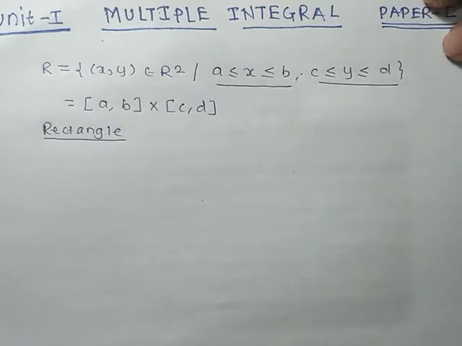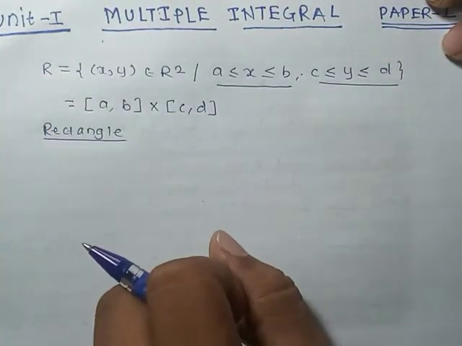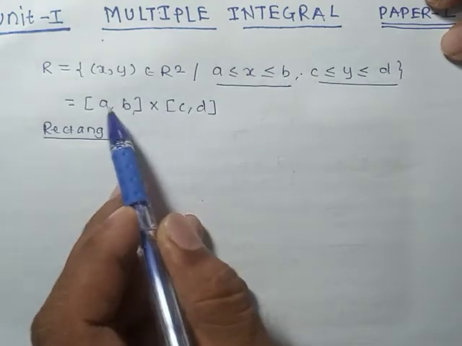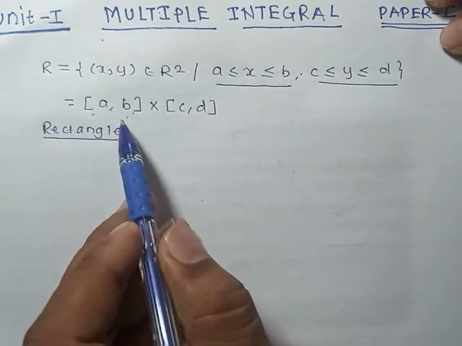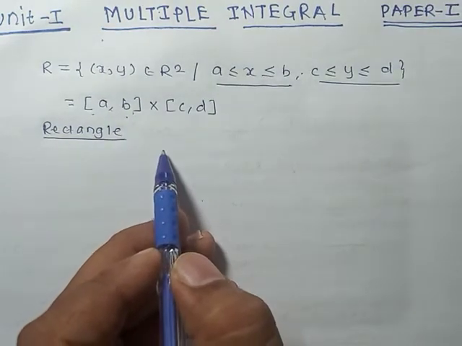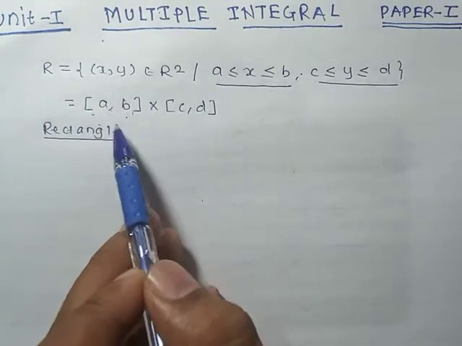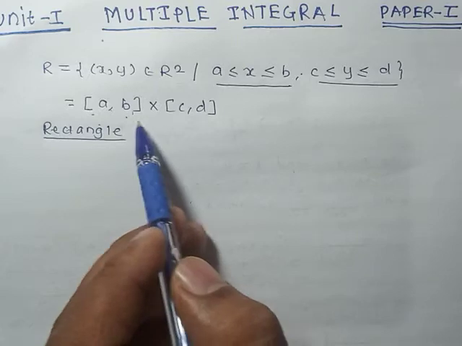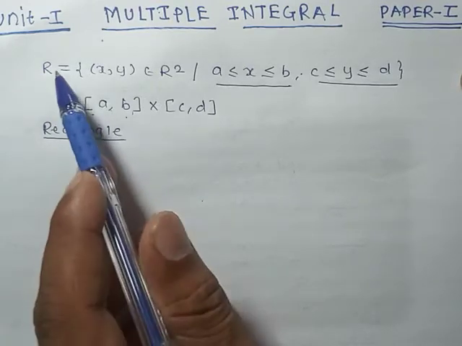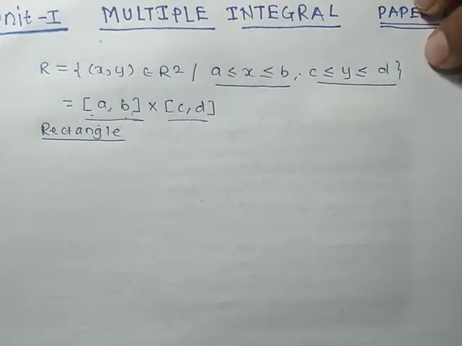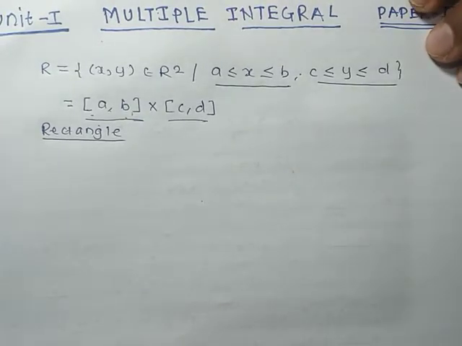They may ask which of the following represents a rectangle, and they may vary the closed interval by an open or semi-open interval. So keep in mind that a rectangle is only the cross product of bounded closed intervals.